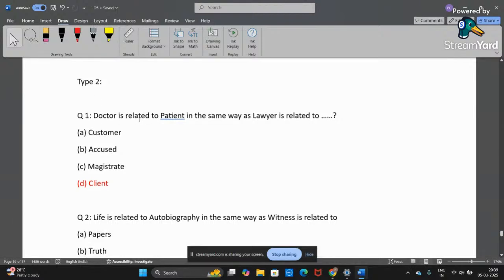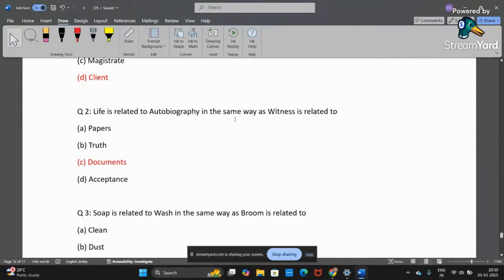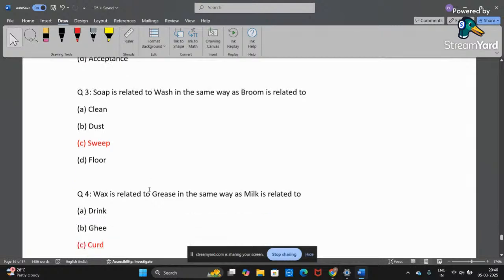A doctor is related to a patient, the same way a lawyer is related to a client. And here autobiography is related to life. Likewise, a witness is related to a document. And soap is related to wash. We use soap for washing, and the same way you use a broom for sweeping.